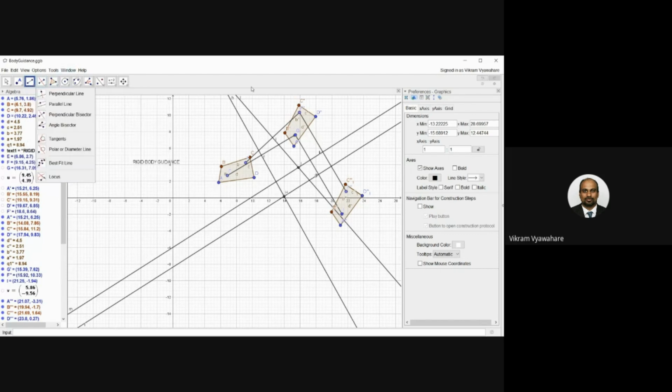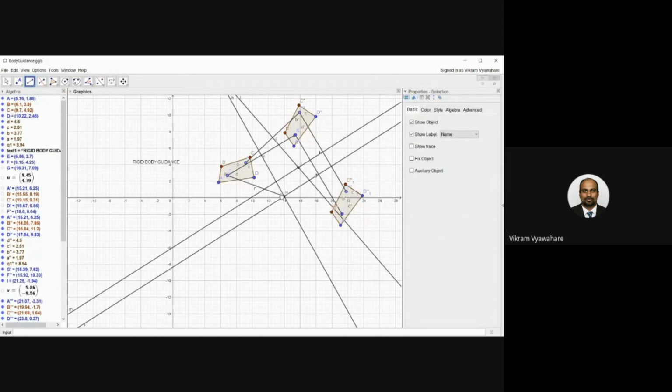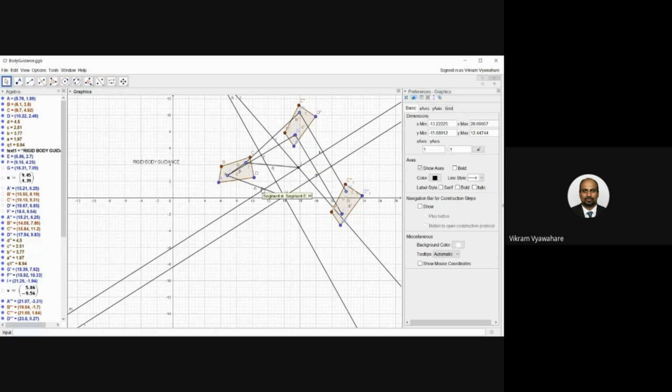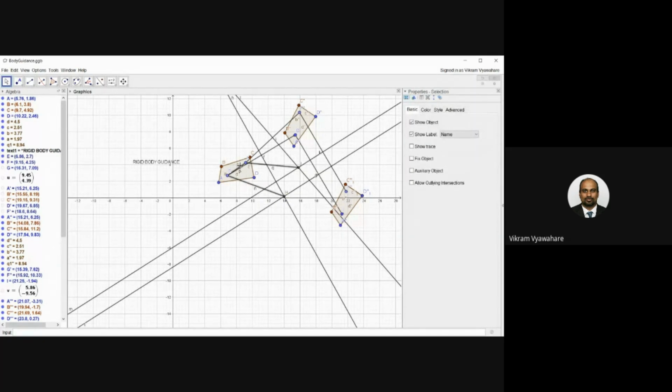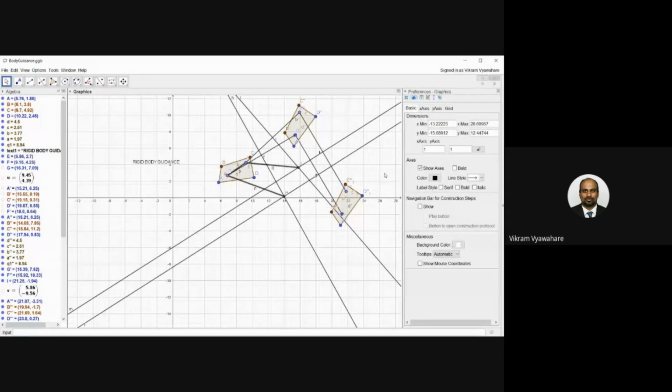So how do I draw the mechanism? The final mechanism I can draw. As you can see, this particular mechanism, you will be able to move it through the three locations.